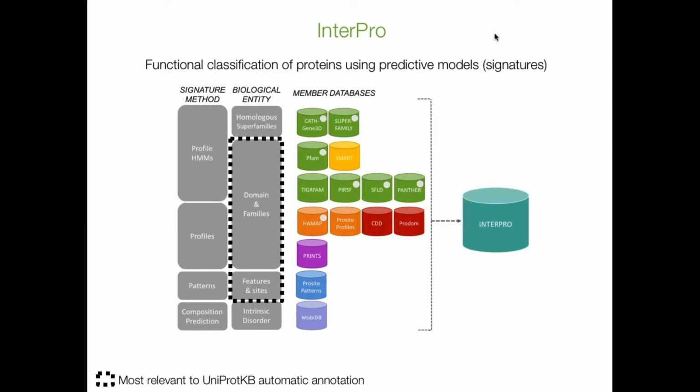Both the biological entities and the methods are shown in gray on the left-hand side. Without going into too much detail, what's of most interest to the automatic annotation systems are the biological entities that are described by the resources and are boxed with a dashed box in the middle. So those are domains and families and features and sites.